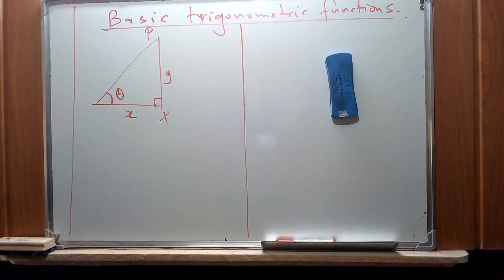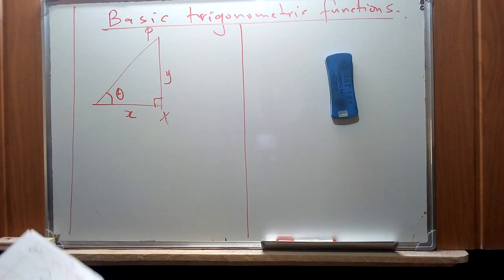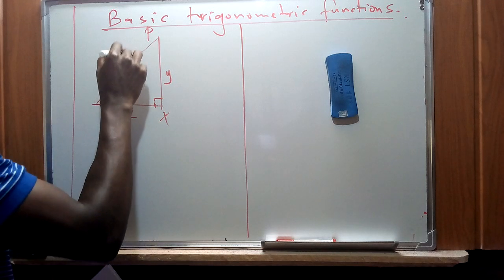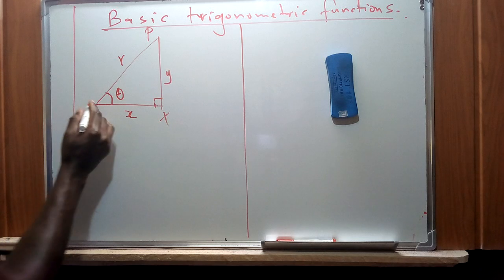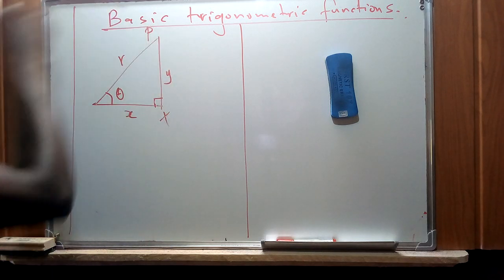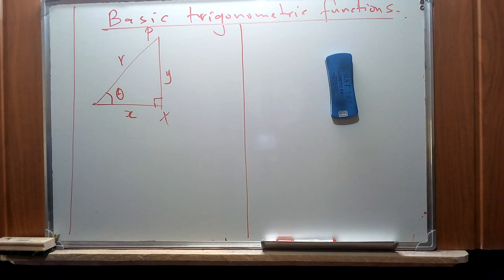There are specific terms that we're going to use for these three different sides of the triangle. When we were drawing a circle, we said that the distance between the origin and point P, if it circumscribes, forms a radius.